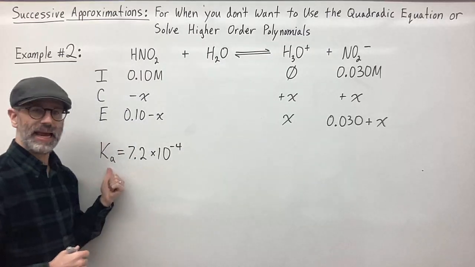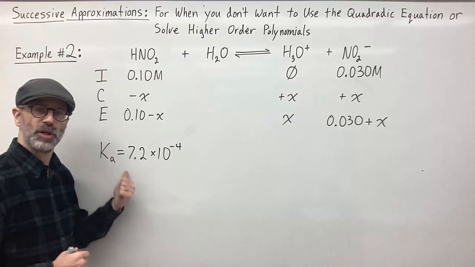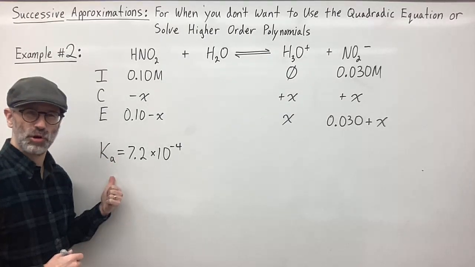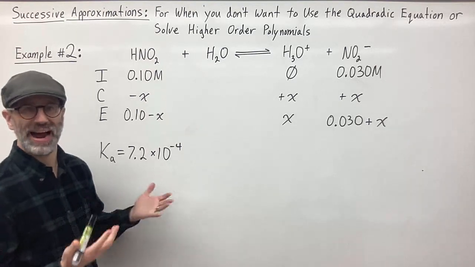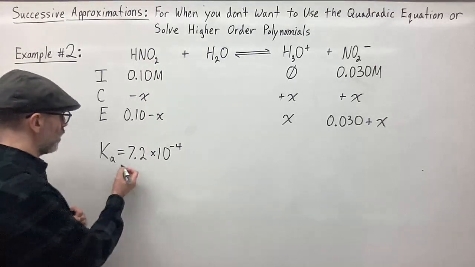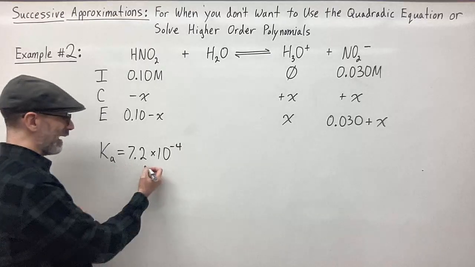They gave us the Ka value. This is the acid dissociation constant. It's basically an equilibrium constant for acids. So here, this is our Ka value.